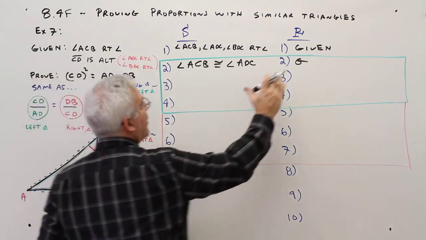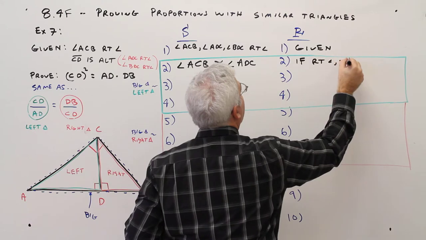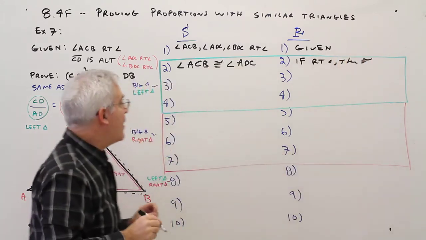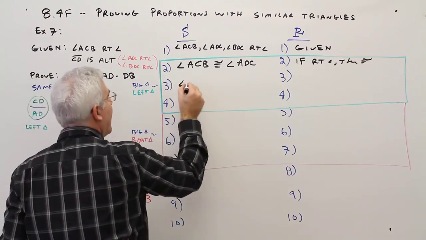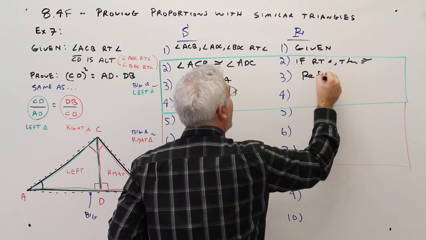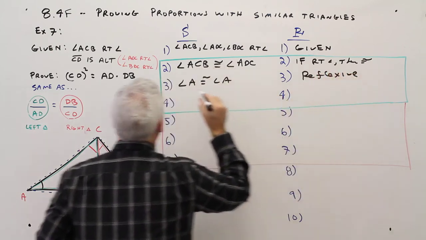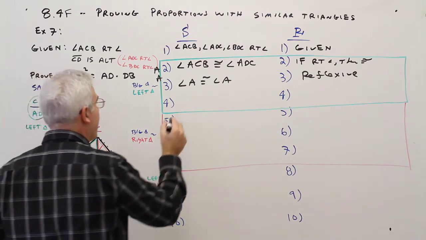Or I'll say if right angles then congruent, then they both share angle A. Angle A is congruent to angle A, that's by reflexive. So I've got my angle, now I've got the triangles similar.